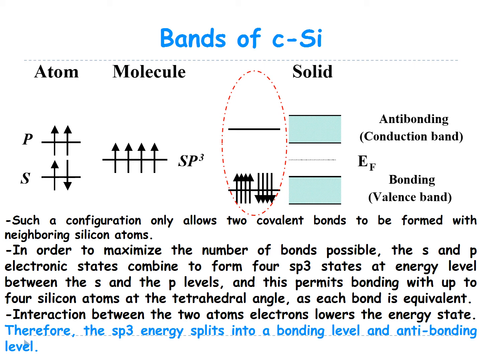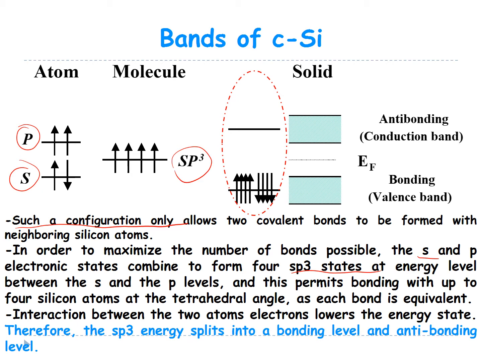Now, such a configuration only allows 2 covalent bonds to be formed with neighboring silicon atoms. So in order to maximize the number of bonds possible, the s and p electronic states combine to form 4 sp3 states. These p and s orbitals actually overlap and form these hybridized sp3 orbitals.